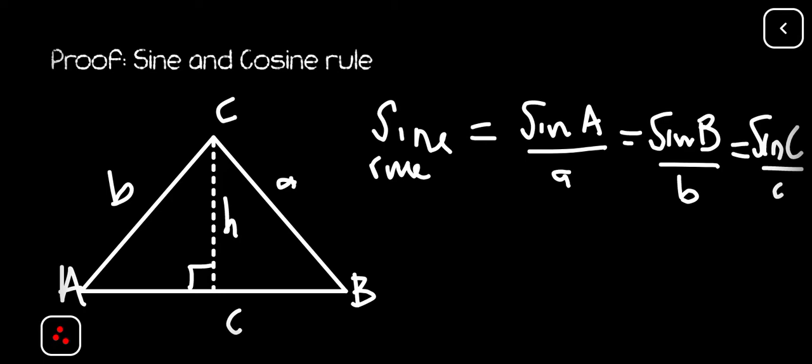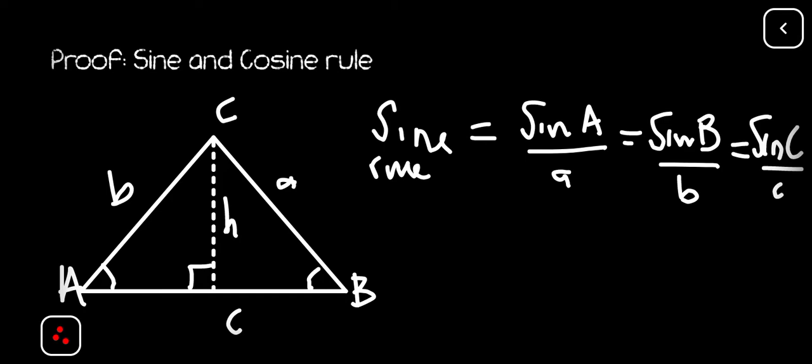Okay. So we're going to be using this triangle to explain how that rule comes about. First of all, we understand that this is angle A, this is angle B, right? Now, if we want to get the sine of angle A, what do we do?